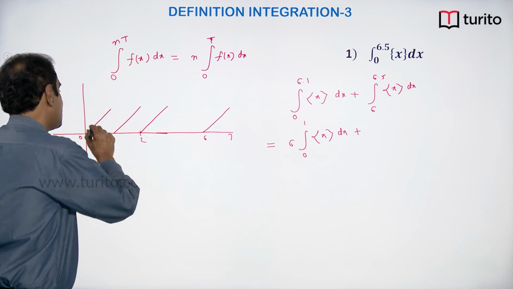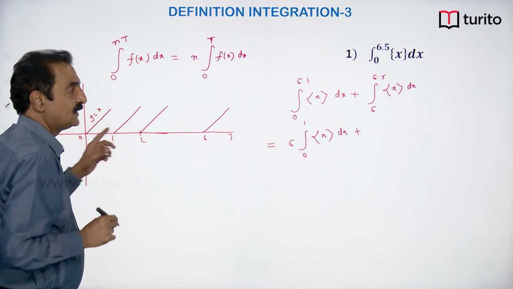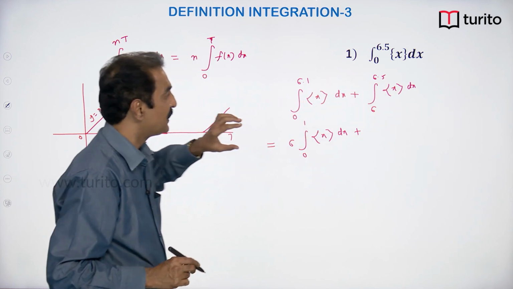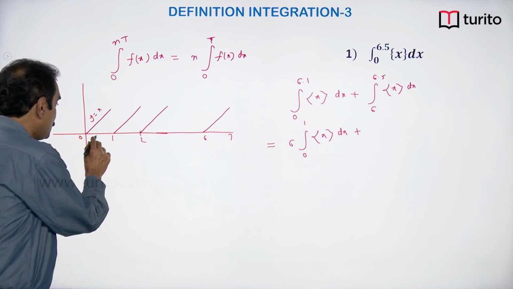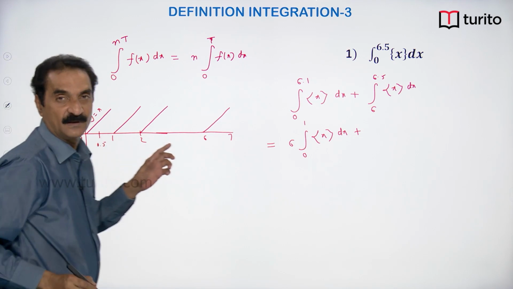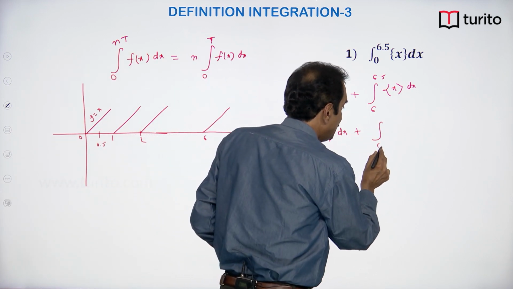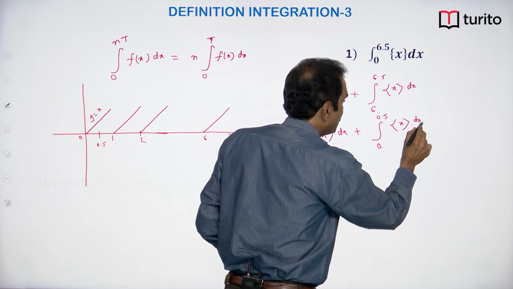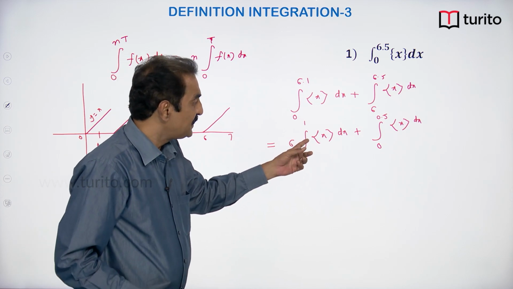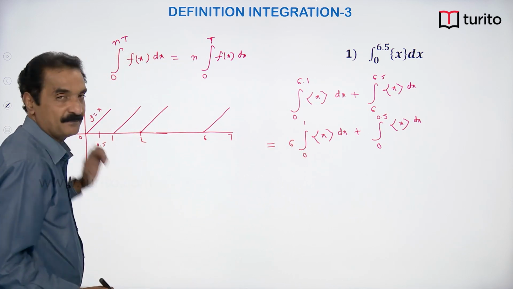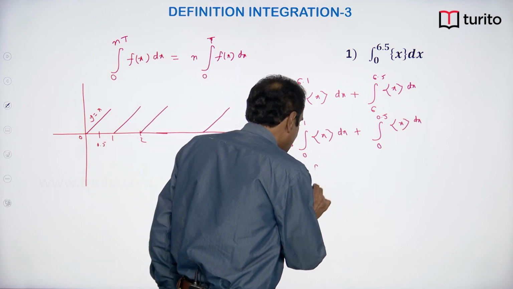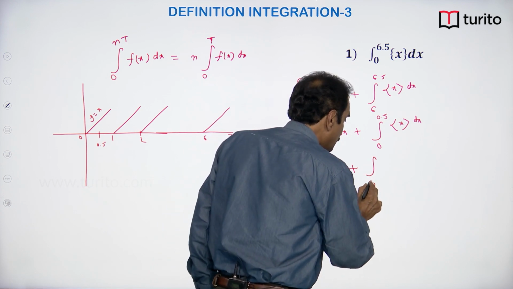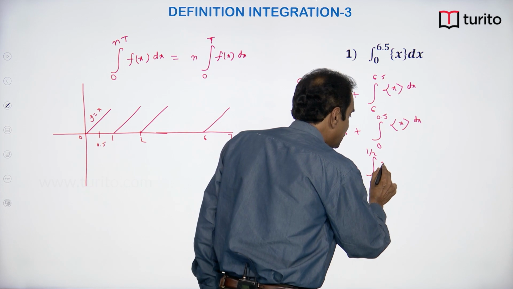So, in the interval 6 to 6.5, the value of fractional part of x is same as integral 0 to 0.5. So, I will write this as 0 to 0.5 fractional part of x dx. And when x lies between 0 and 1, fractional part of x is x only. So, this is 6 integral 0 to 1 x dx plus 0 to 1 by 2 x dx.